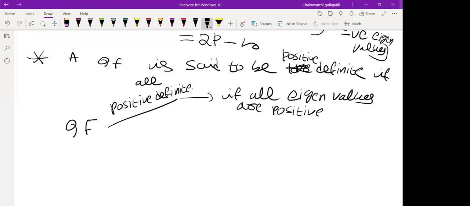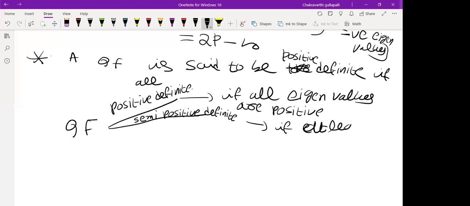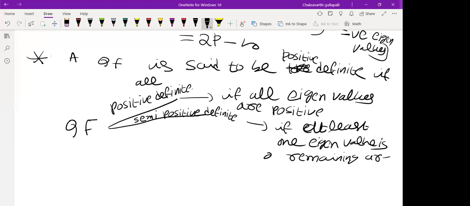A quadratic form is said to be semi-positive definite if at least one eigenvalue is 0 and the remaining are positive.